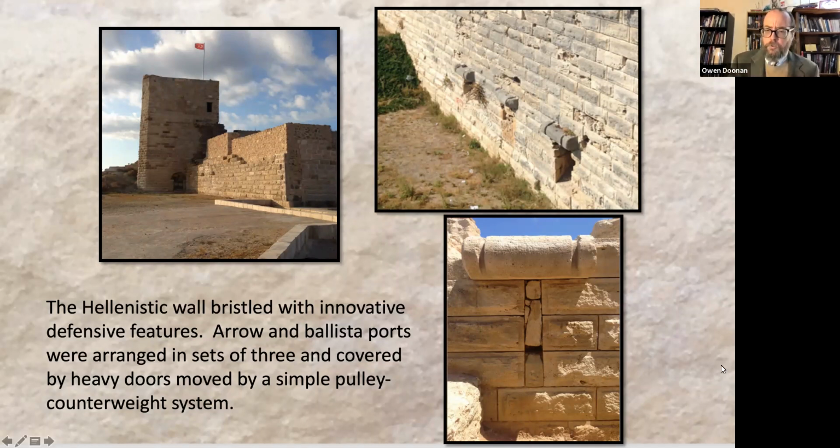The lower story, close to the ground level, was typically populated with these narrow arrow slits, and then a second level of the wall was armed with these catapult portals.